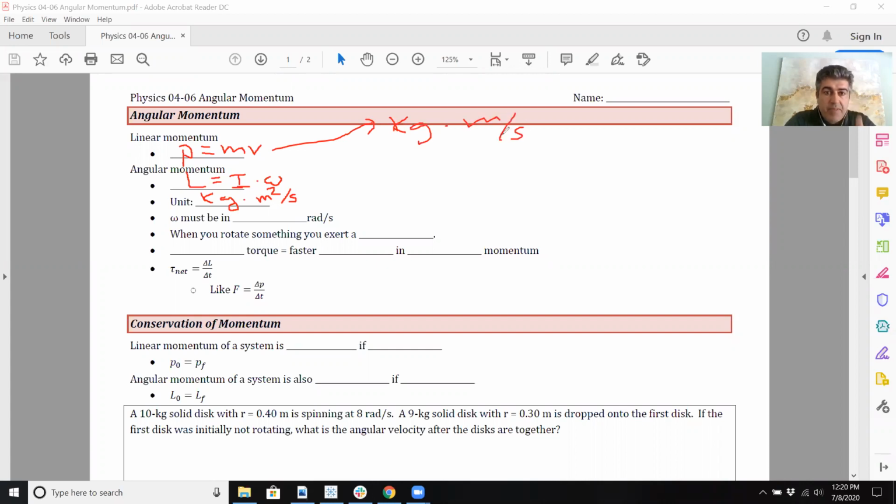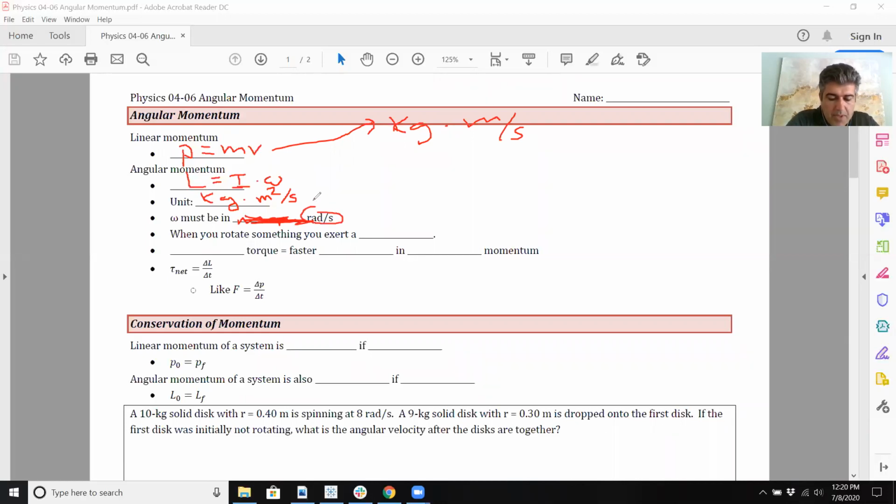But remember, inertia is going to be mass times r squared, and then of course you divide by seconds afterwards. So that's why you get those units here. Omega is in rads per second.